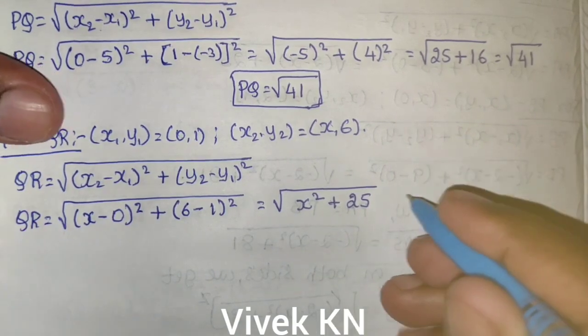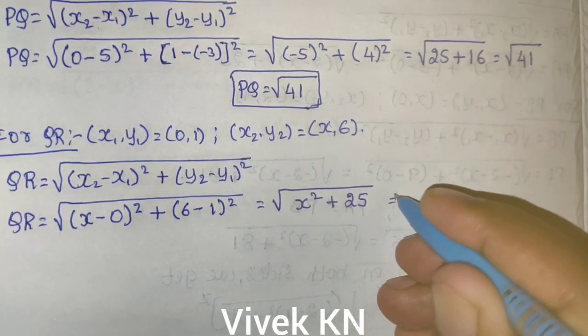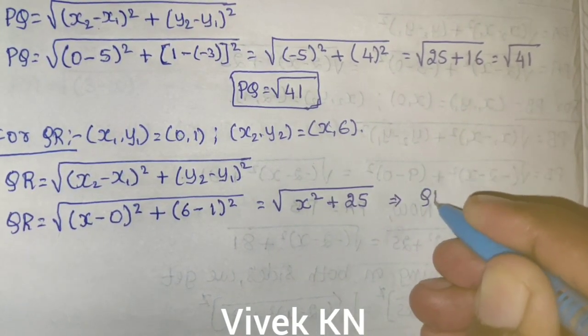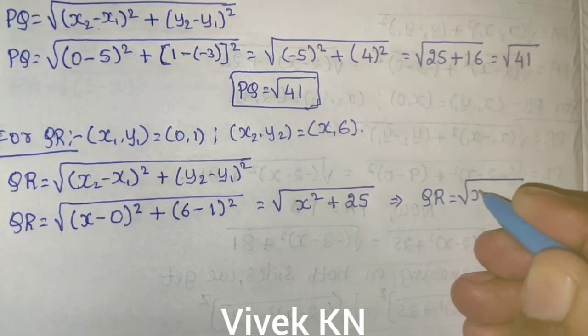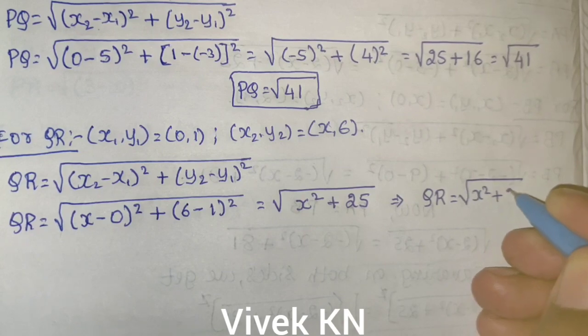So the distance between the points Q and R is under root x square plus 25.